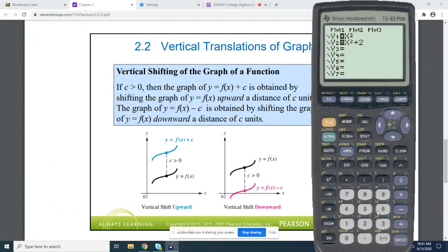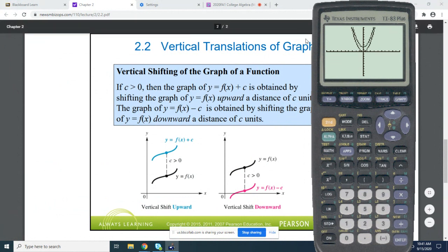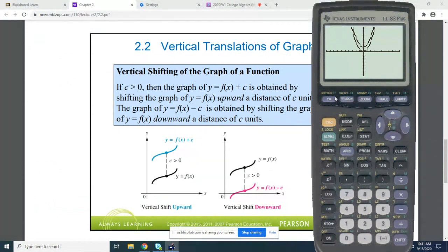What should happen is it should shift our basic parabola up 2 units. All right, so notice that's a vertical shift up 2 units. I want to go back into y equals, and this time for y sub 2, I want to put in x squared minus 2.